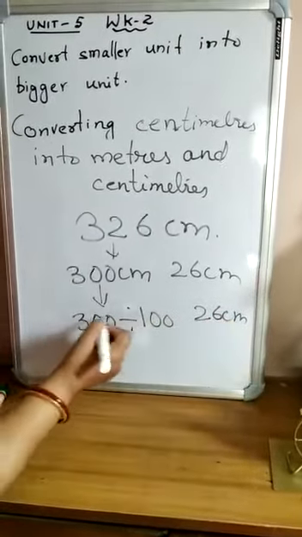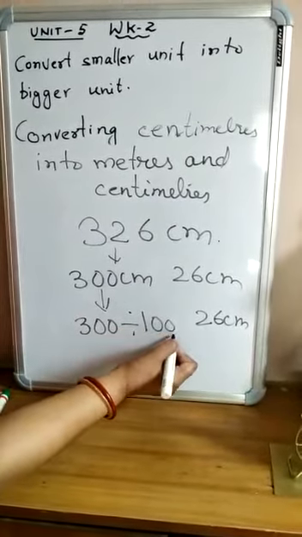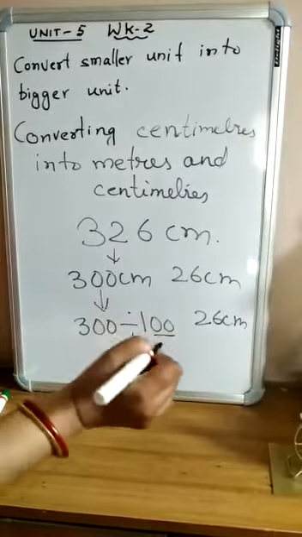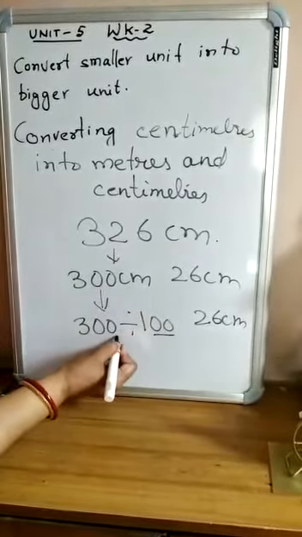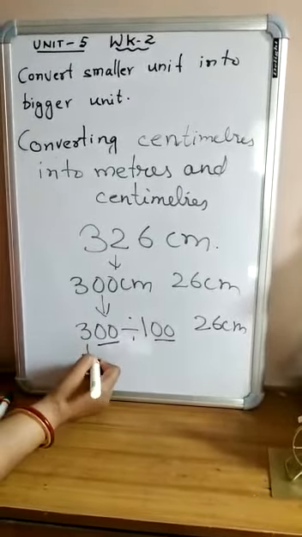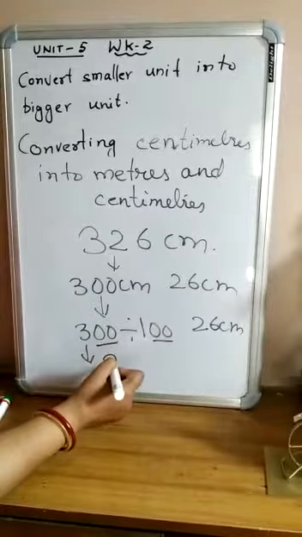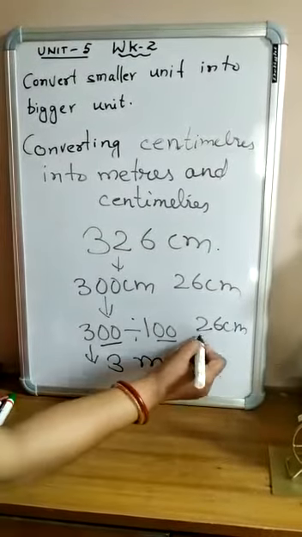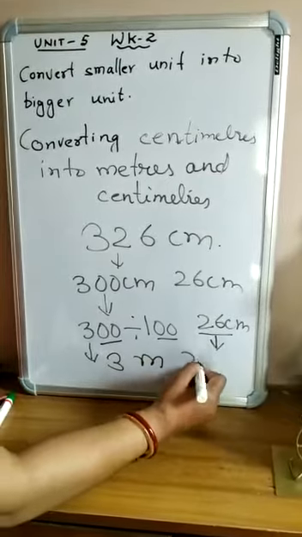So 300 is divided by 100. 2 zeros are there in 100, so we remove the 2 zeros from the right side here. So we get 3. Correct? So 3 is what? Here centimeter is converted into meter. And we will write down this centimeter as it is. 26 centimeter.